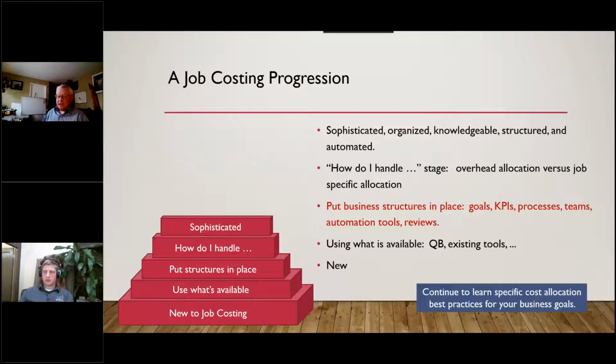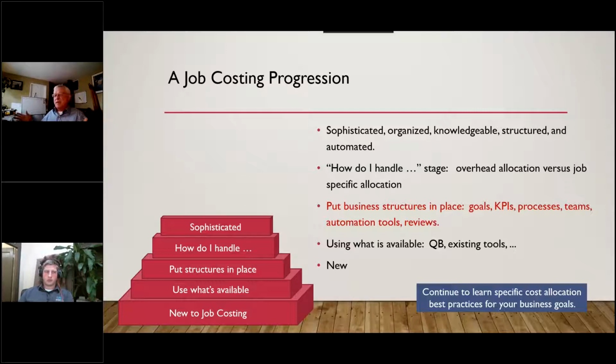Next level up is, and it's red. I put it red in the words off to the right because it's often skipped. Put business structures in place, the goals, the KPIs, processes, teams, automation tools, and a review process of the structure. And what often happens is we get to the next level up.